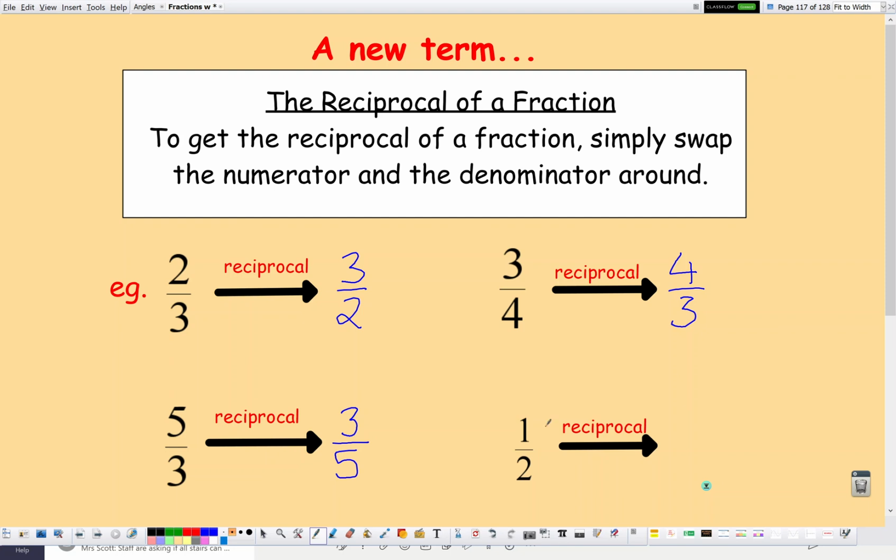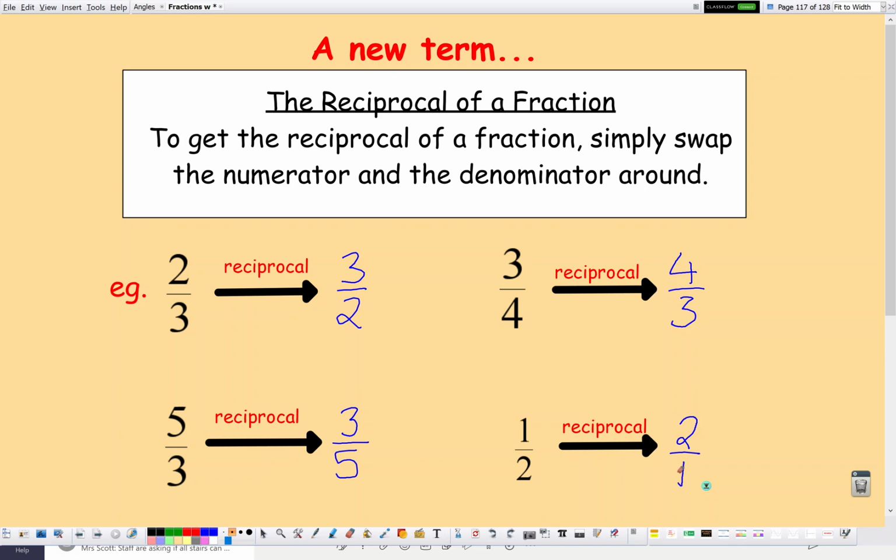Now for the reciprocal of a half, we would flip 1 and 2 around, so that becomes 2 over 1. But we know that whenever we're left with 2 over 1, we will never leave it as 2 over 1. It just turns into the number 2.